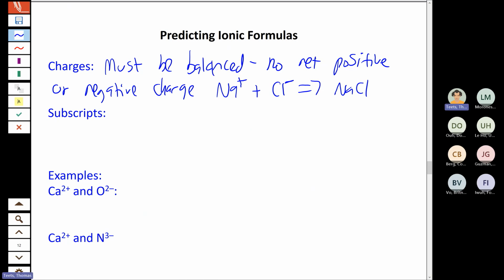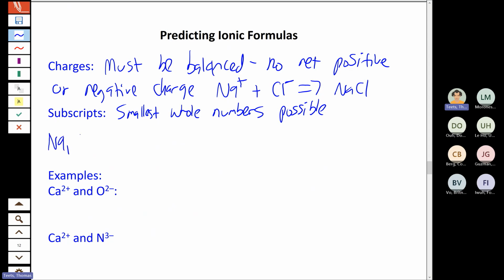Now, when you write the subscripts for an ionic compound, which tell you the relative numbers of each atom or ion that you have, you always want to use the smallest whole numbers possible, the smallest ratio. So never fractions, but also you don't want to use subscripts that are reducible either. If the subscripts are 1, you don't write them explicitly.